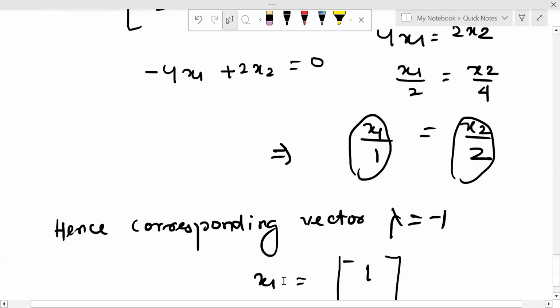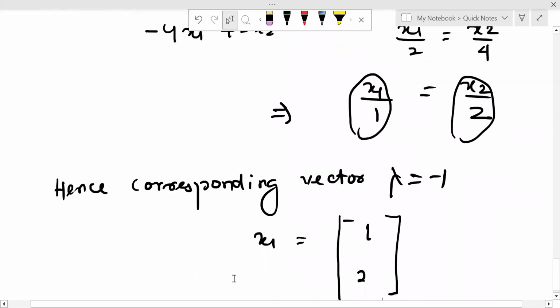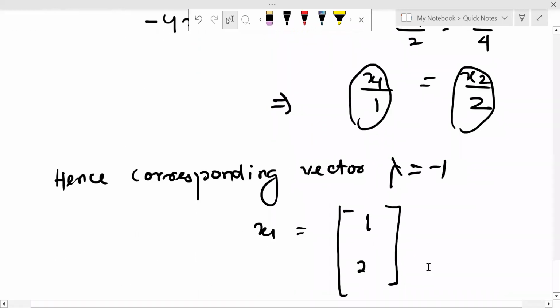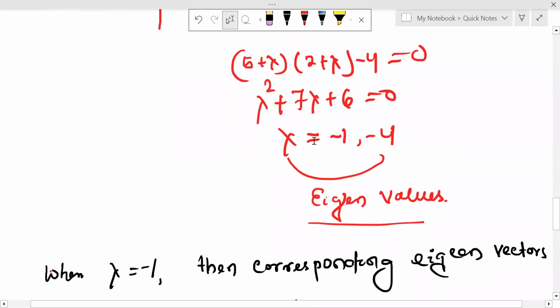Similarly, we can do the other case, the eigenvector corresponding to lambda equal to -6. That is -6, not -4.